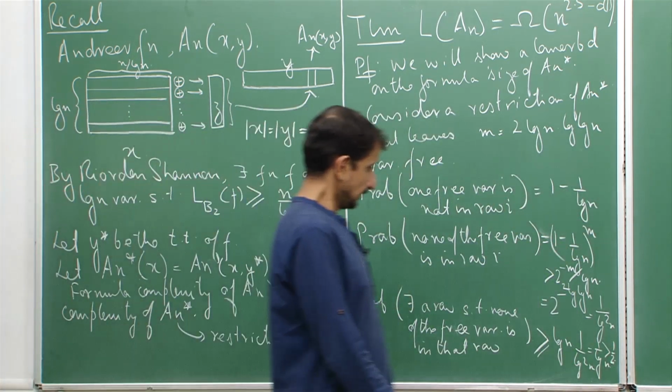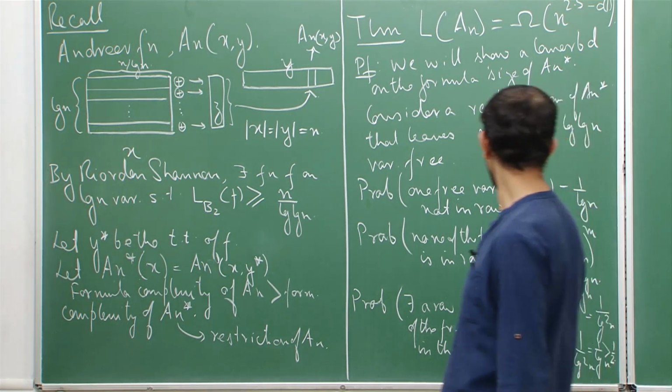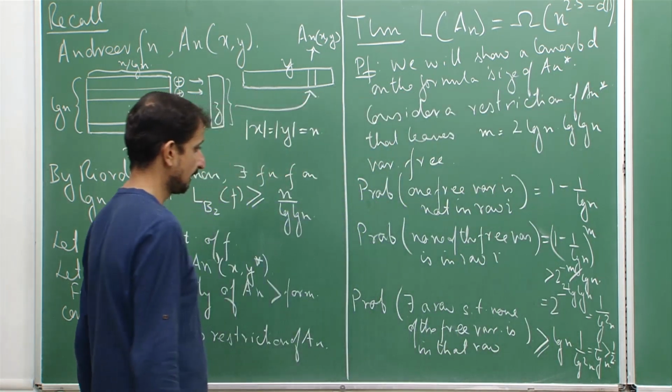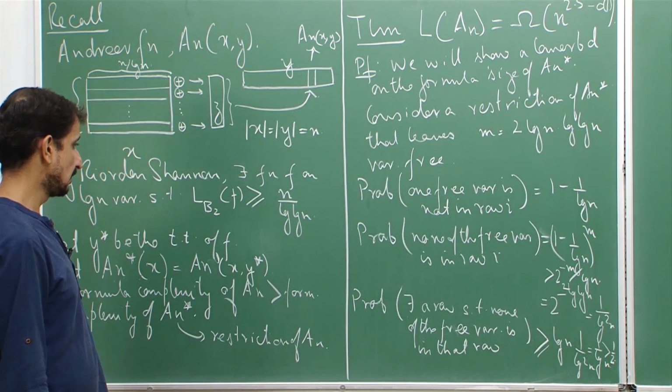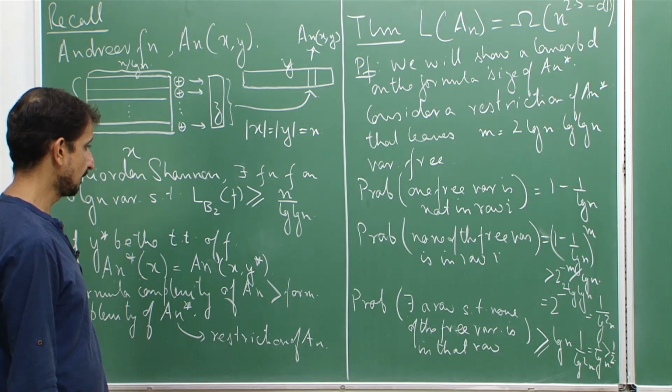Okay. So, what have we got? That the probability that this happens is greater than half. But the sign should be in the other direction, and then we will say that the negation of that, which is that each row contains at least one free variable, is at least one.